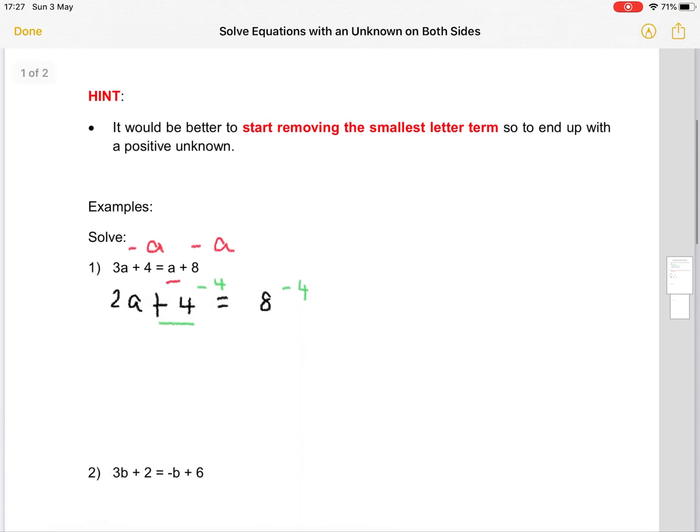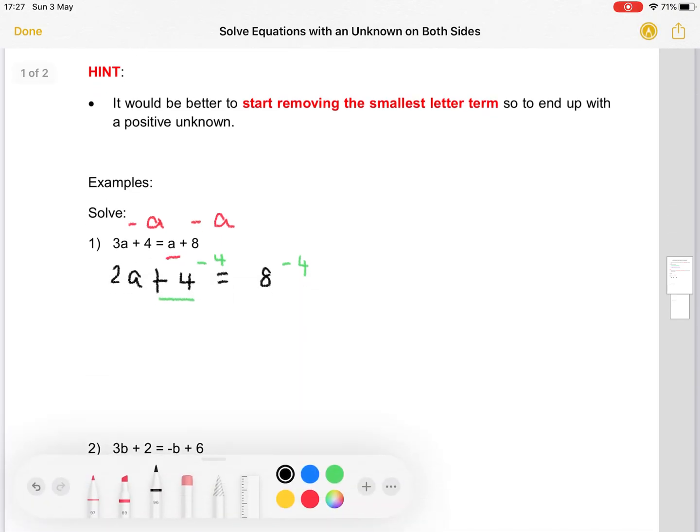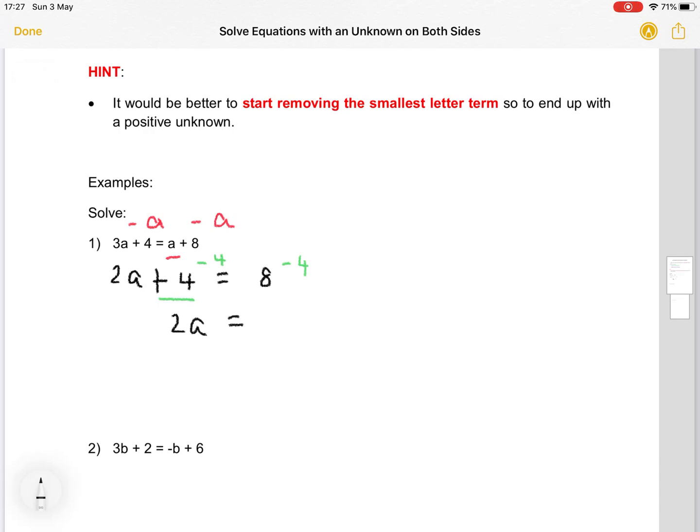On the left hand side, we end up with 2a equals. On the right hand side, we end up with 8 minus 4, that is equal to 4. Now 2a means 2 times a is equal to 4. Okay, to remove the multiplication by 2, we divide both sides by 2.